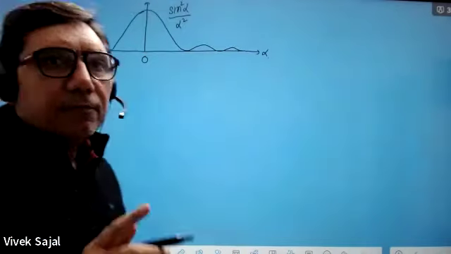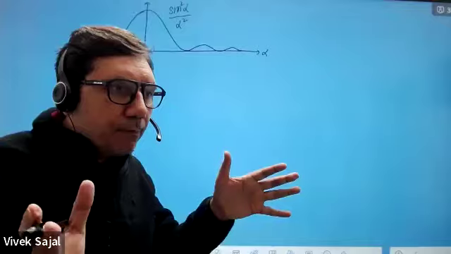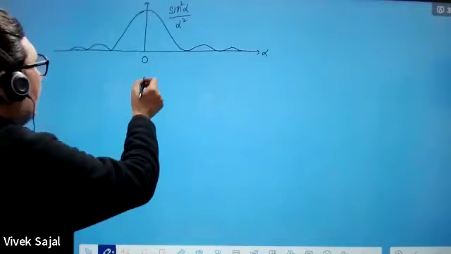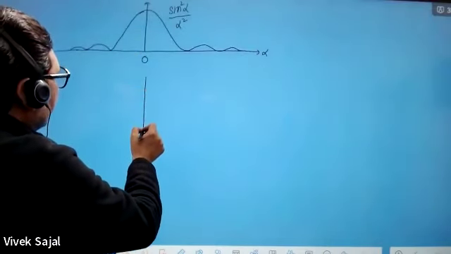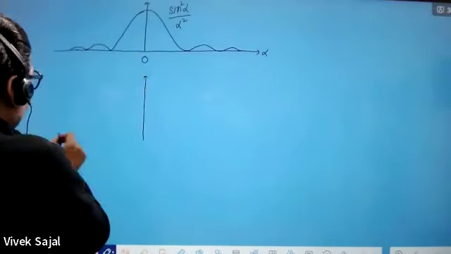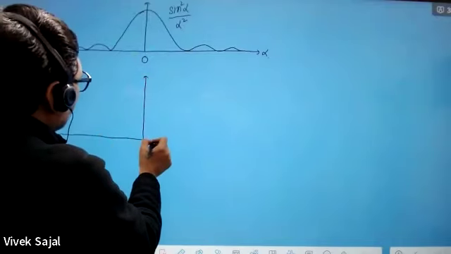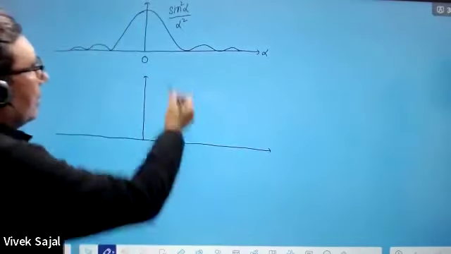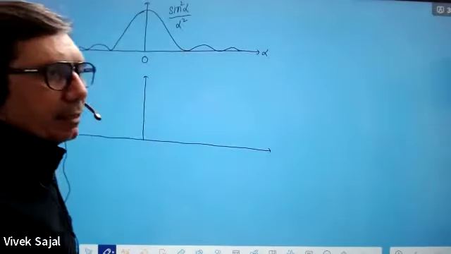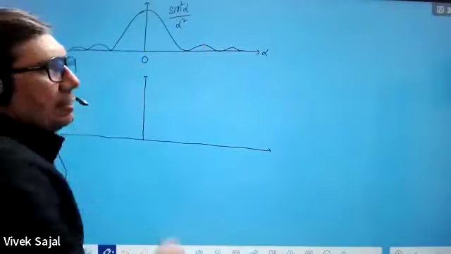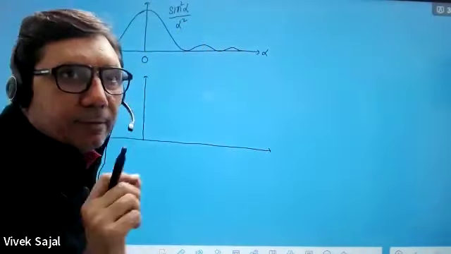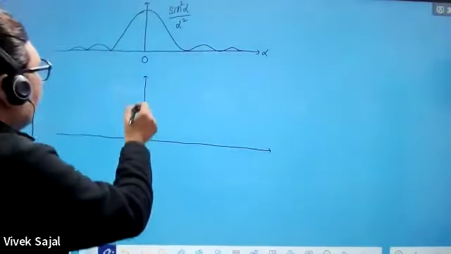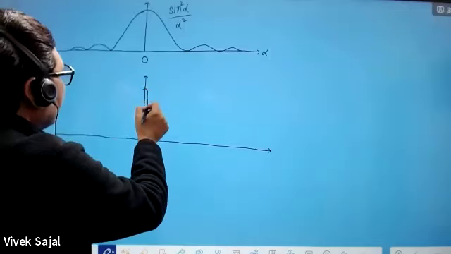If n number of point slits are there and only interference is taking place, then you will have this type of pattern. Here, if only one slit is there and diffraction is taking place, you will get this type of pattern. If you have n number of point slits, only interference is taking place, no diffraction, then you are going to have this type of pattern.